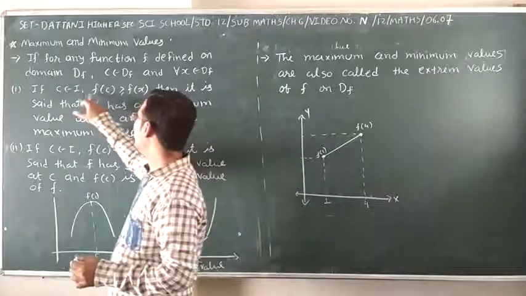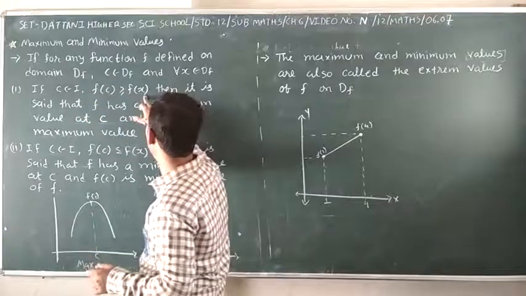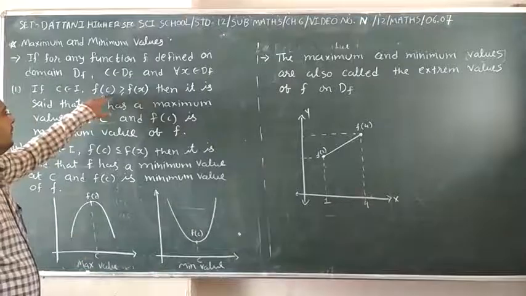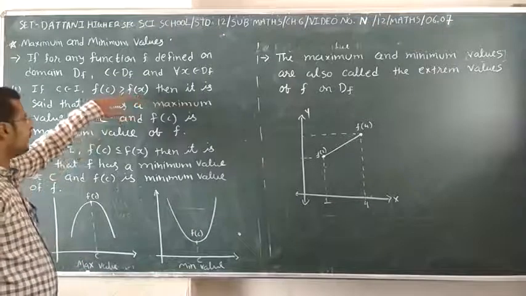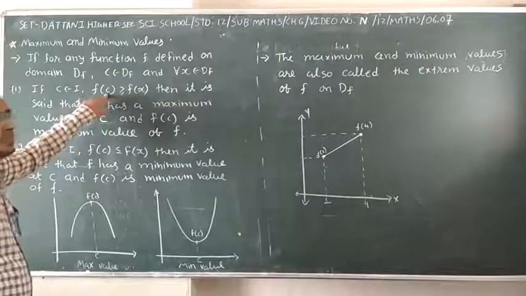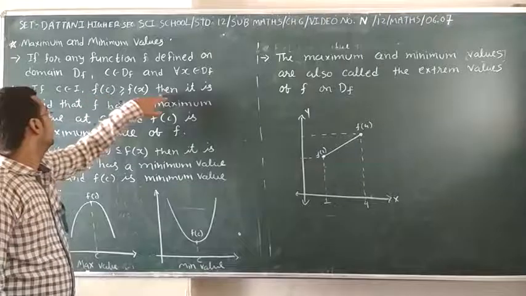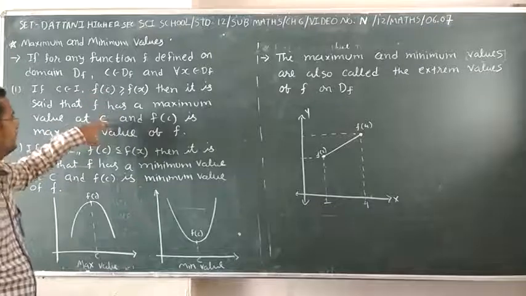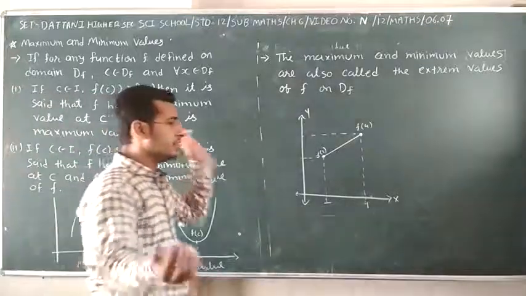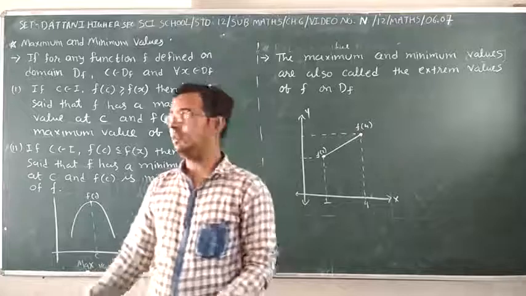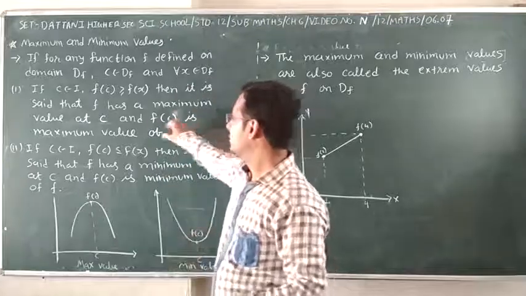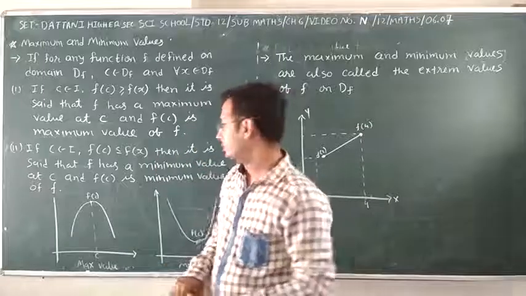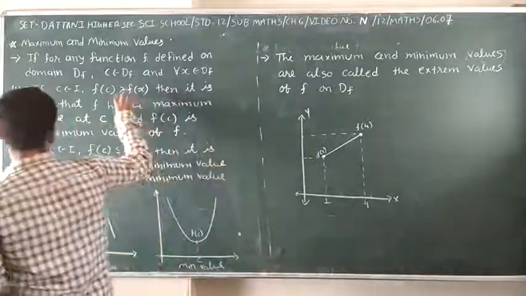If f of c is greater than or equal to f of x, it means that every time the value of f of x is always less than or equal to f of c, then it is said that f has a maximum value at c. And f of c is the maximum value of f. So you find the maximum value.